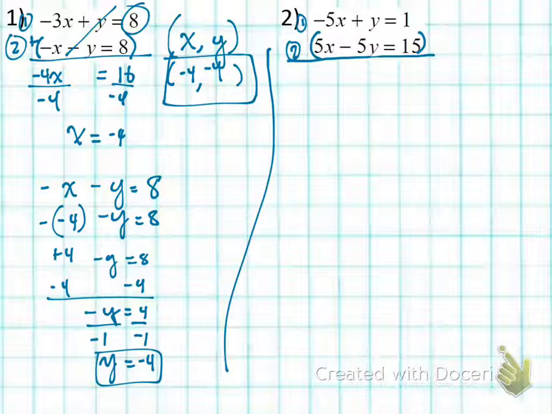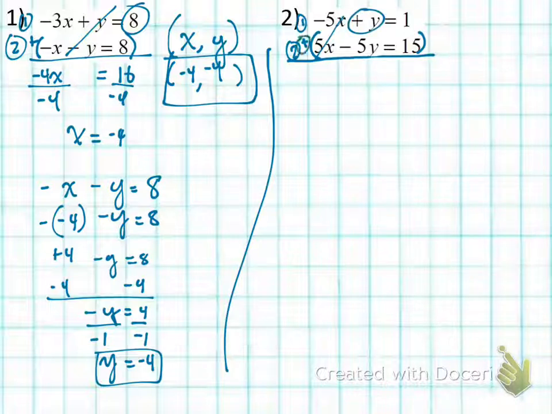Looking up here, I'm going to look at my x's first, and I'm going to ask myself, if I put a plus sign outside of my x's, negative 5x plus positive 5x, what will happen? Well, these will eliminate, we want that. So this plus sign is perfect. So we're going to keep this plus sign. Negative 5x plus 5x is going to be 0x. So these get eliminated. Okay, so these are done.